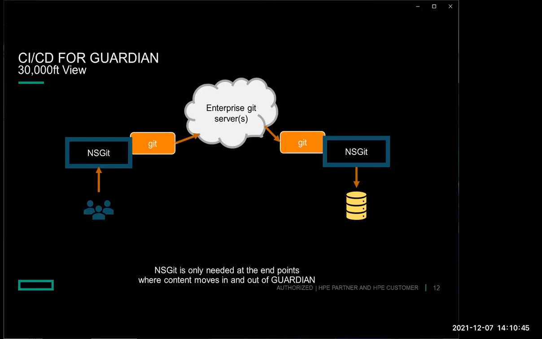It's important to note here that you only need NSGit at the endpoints. No matter how complicated your Git architecture is behind the scenes, NSGit is there when you're interacting with Guardian and only when you're interacting with Guardian.